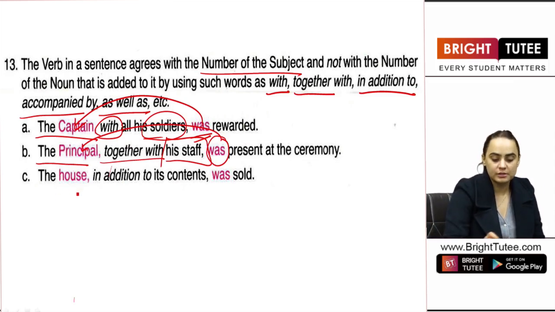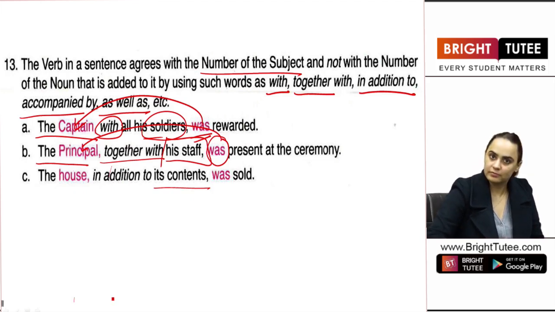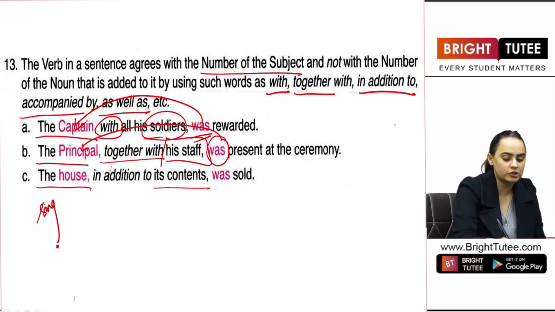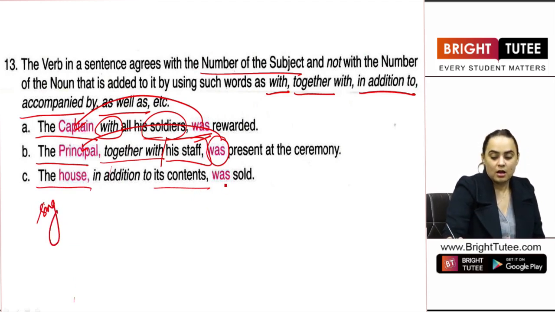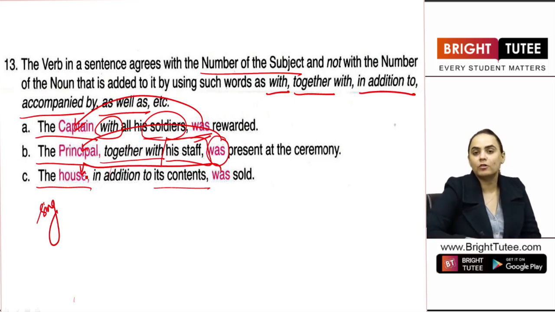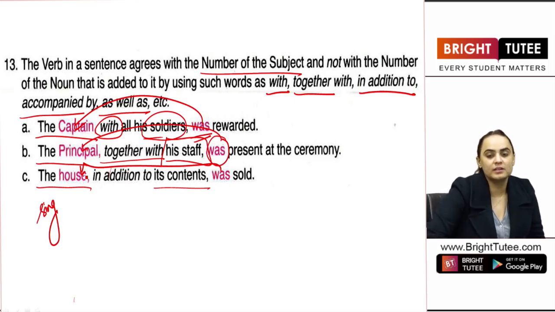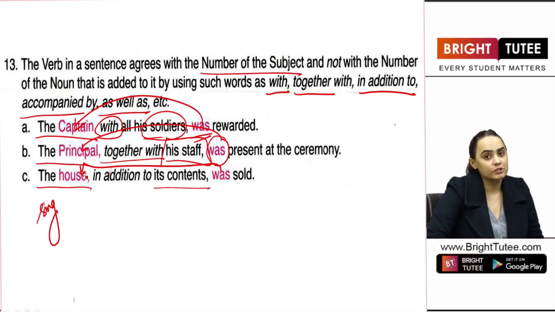The house, in addition to its contents. So my subject is the house, which is singular in nature. Therefore, my verb is singular because it agrees with the subject. Alright. So, dear students, my verb should agree with the subject and not with the nouns which are used along with the subject. Great.